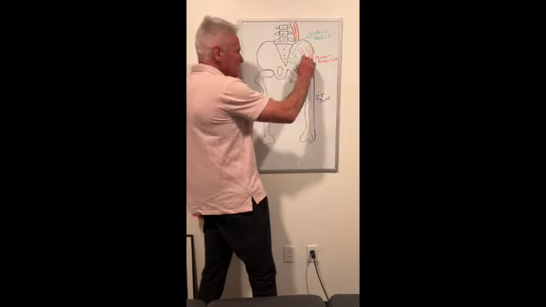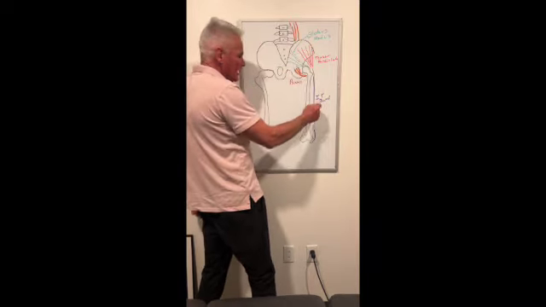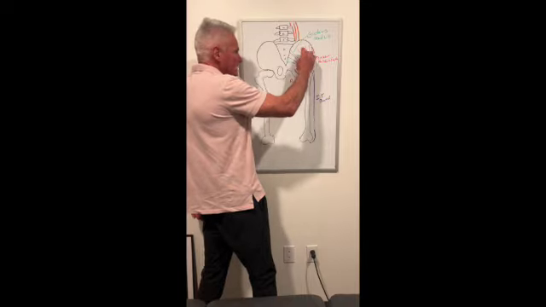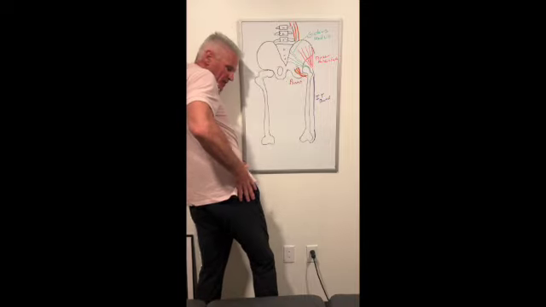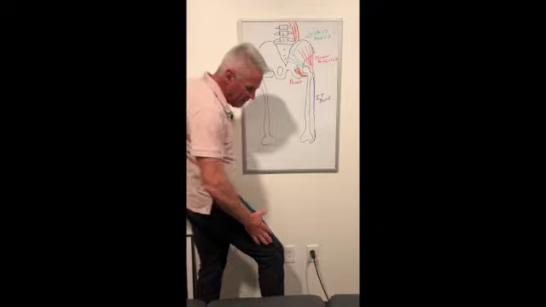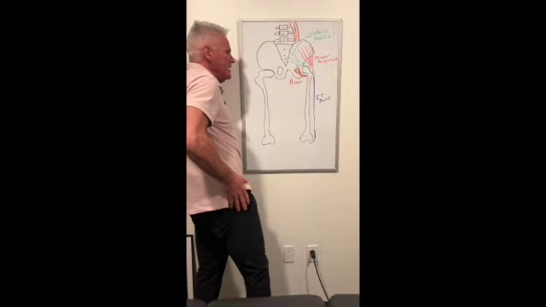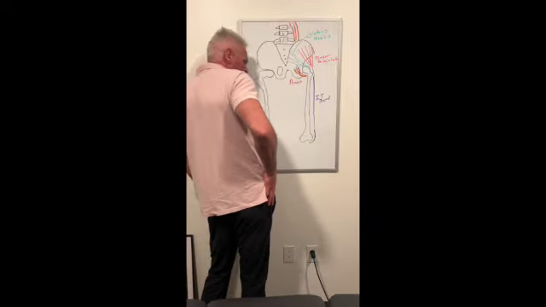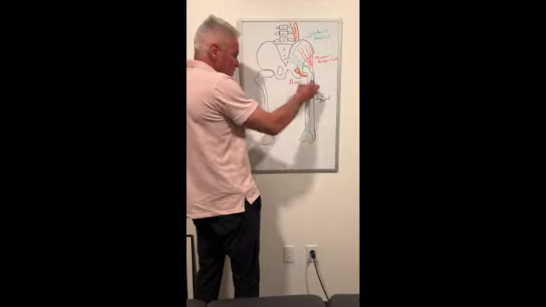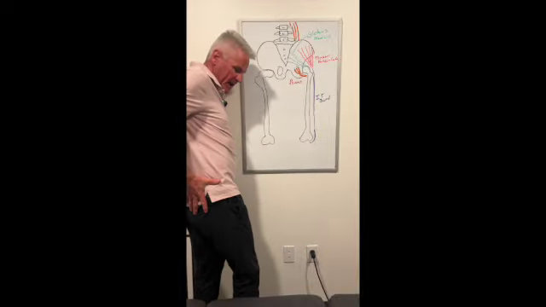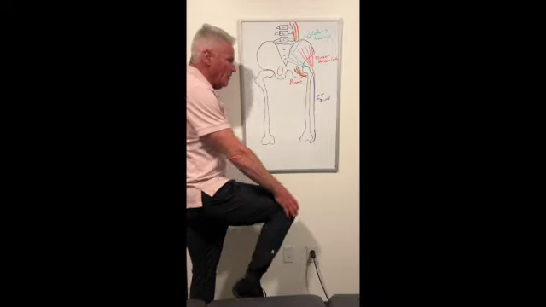When that happens, this is like a bowstring here, this iliotibial band and tensor fasciae lata. It's a muscle up in here and then turns into a broad band that comes down around the knee. When we shift to the side, it stretches that band, and then we get that pain in the hip and down around the leg.